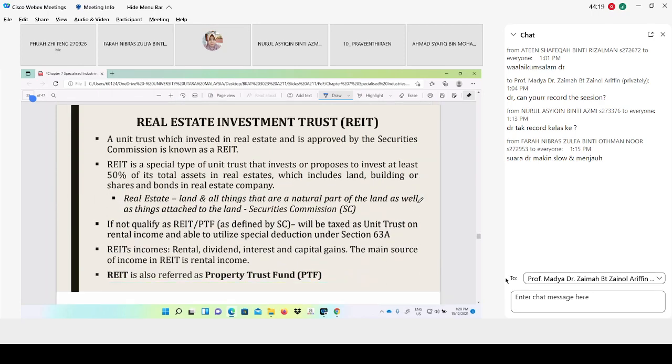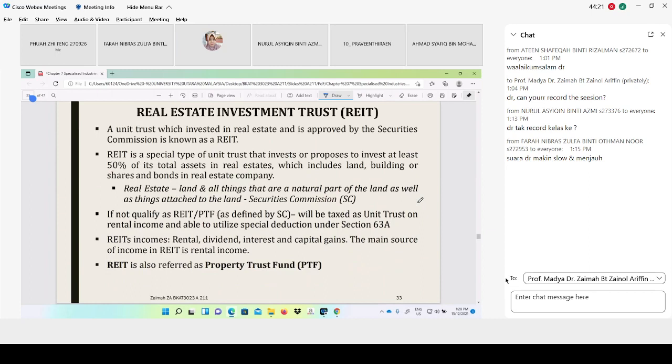Okay, we move to the next specialized industry, that is real estate investment trust, REIT. This is one kind of unit trust. It is still a unit trust, which invests in real estate and is approved by the Securities Commission, and is known as REIT.